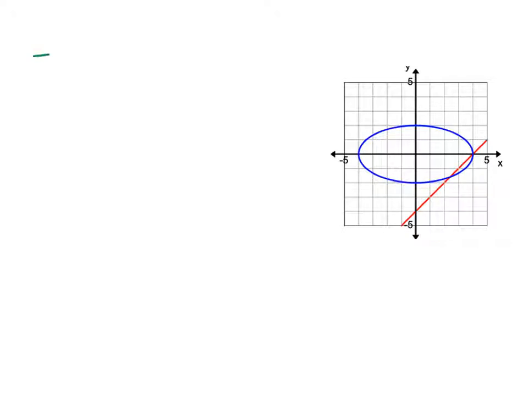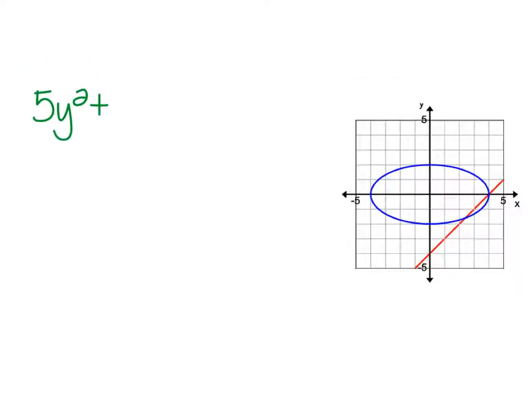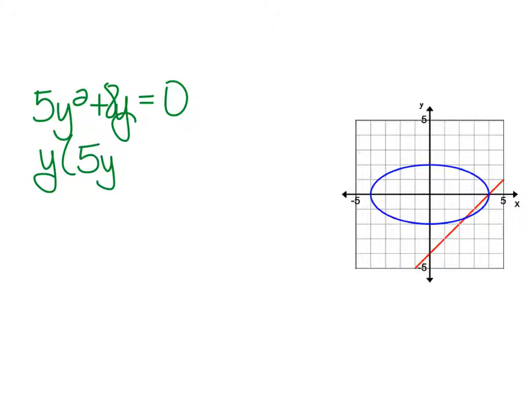So we've got 5y squared plus 8y equals 0. Solving this for y, we start by factoring y out to get y times 5y plus 8. And then we can set these both equal to 0.